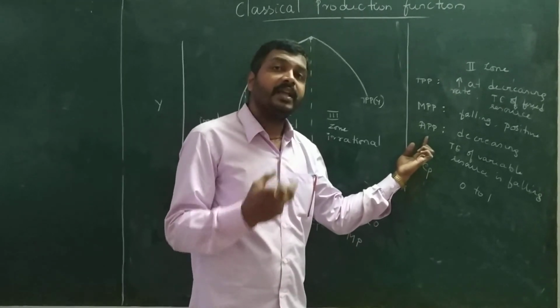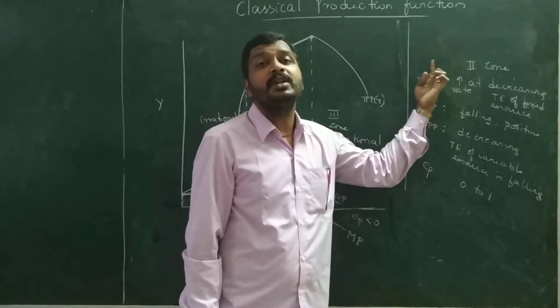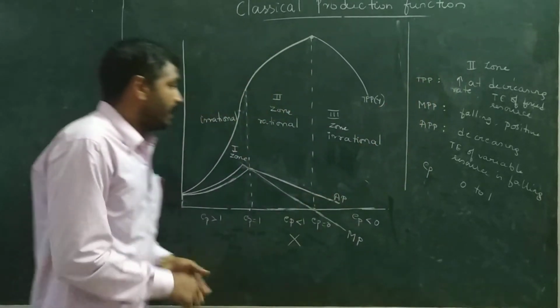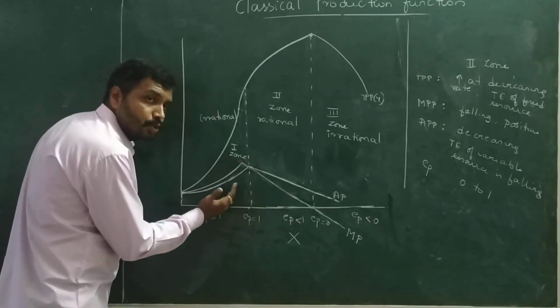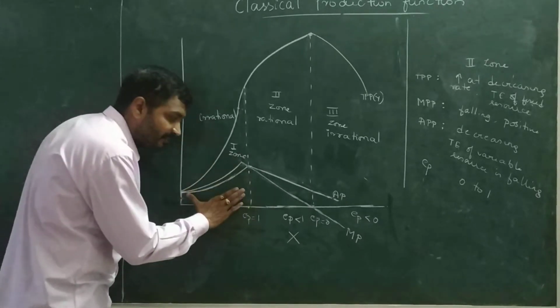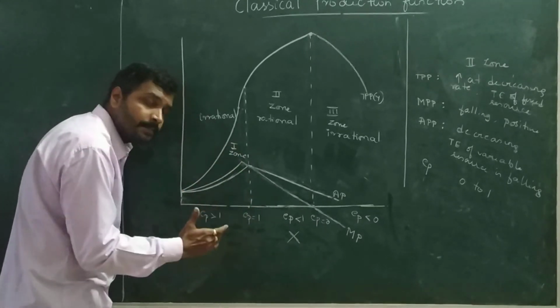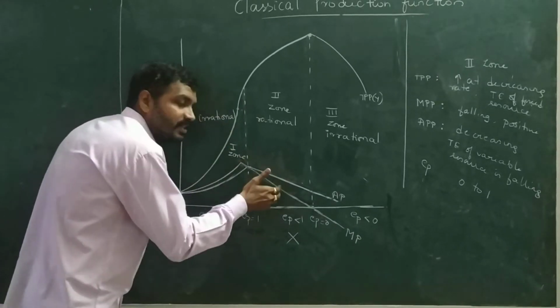The reason why he should continue input application is that TPP is still positive. So from this we can say that the farmer should not stop application of input or production of output in the first zone. If he stops, then we call him irrational. So he should move out of this zone.